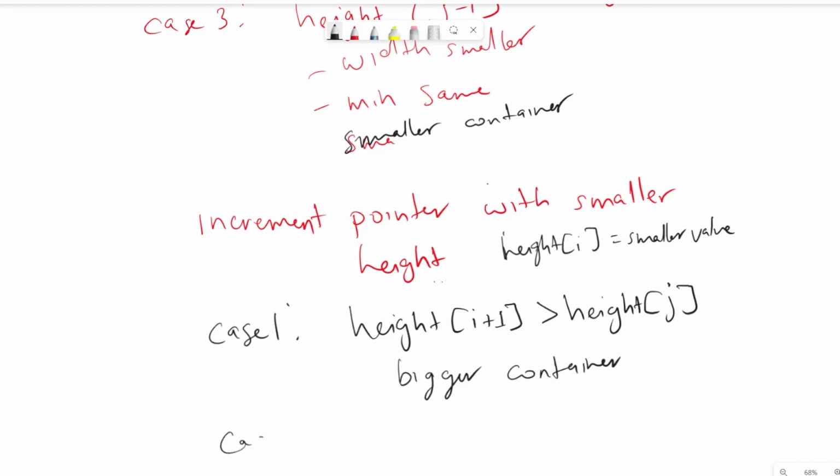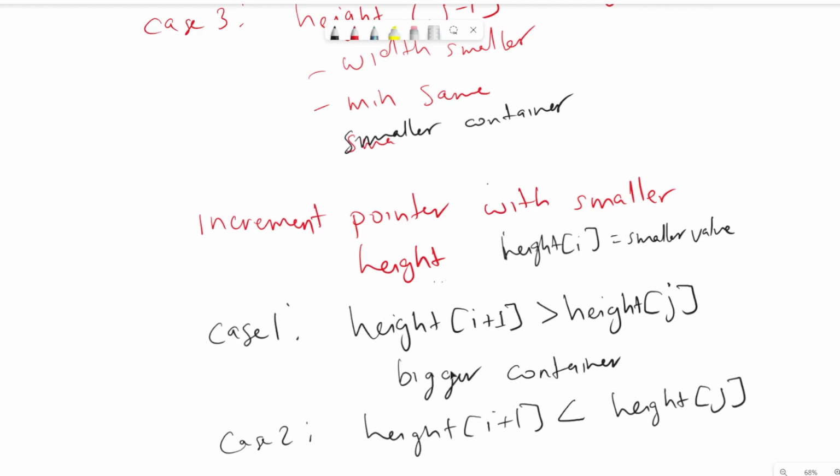Now, case 2, height I plus 1 is less than height of j.